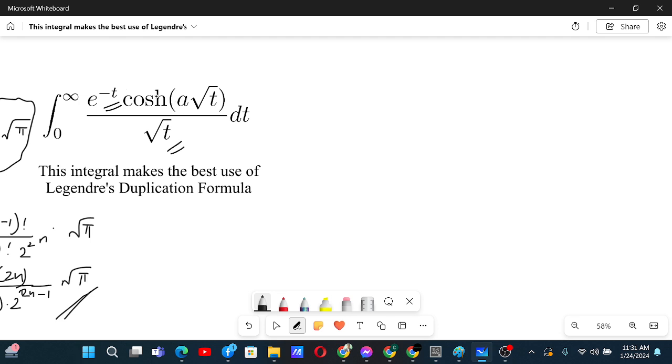So for that we can use the infinite series expansion for cosh, and that will simplify the expression. The infinite series expansion for cosh of x is the sum from n equals 0 to infinity of x to the power 2n by (2n)!. So this is the infinite series expansion. Now we can use that.